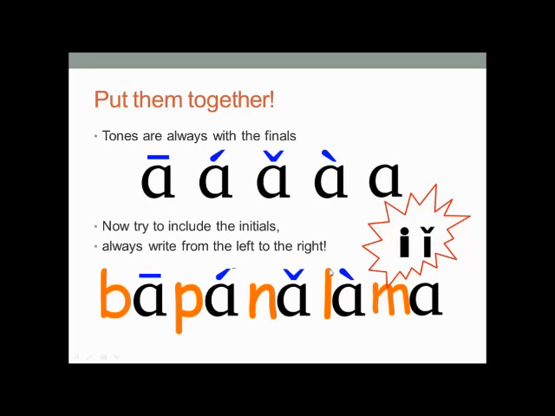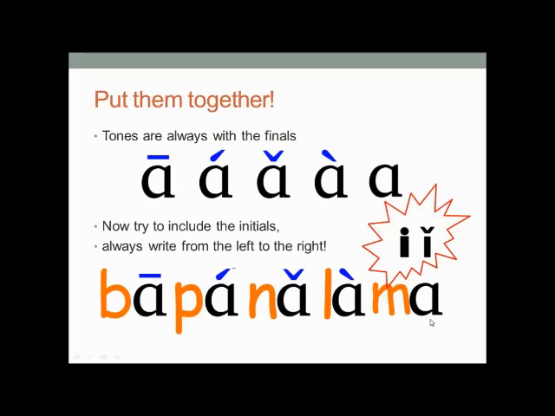And the fourth one is l, and the final is tone 4, a falling tone. So it's la. And then the fifth one is unstressed, and the initial is m, so it's ma.